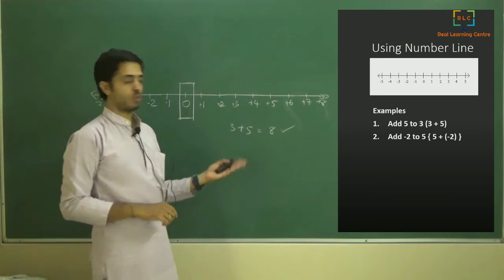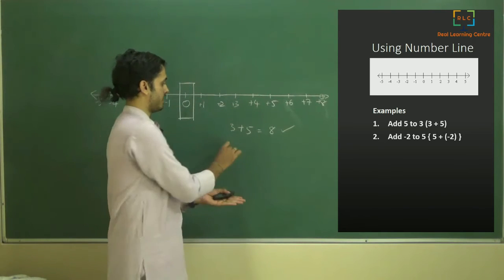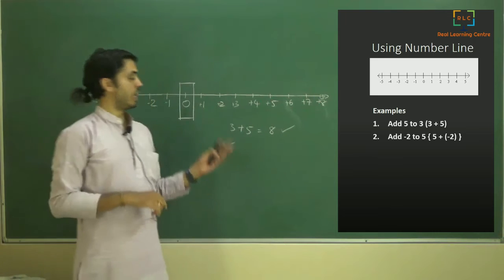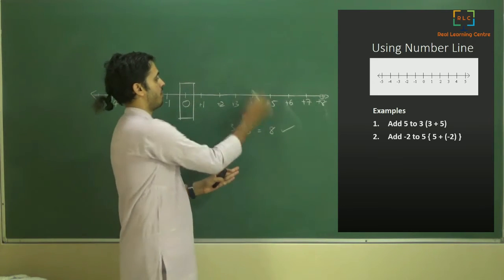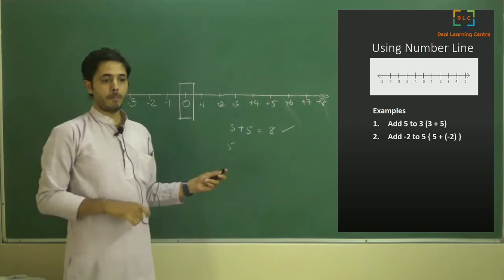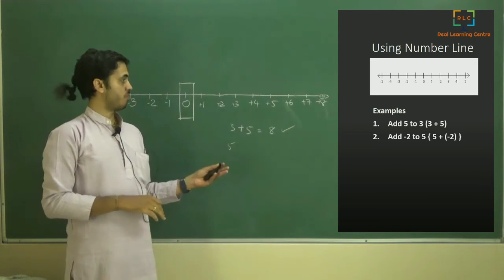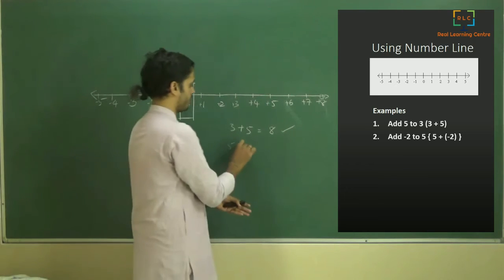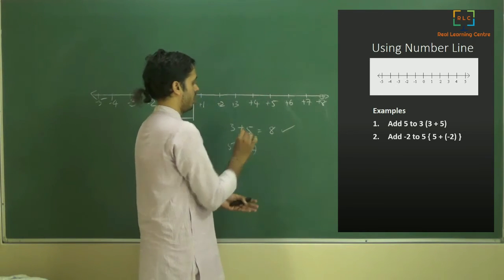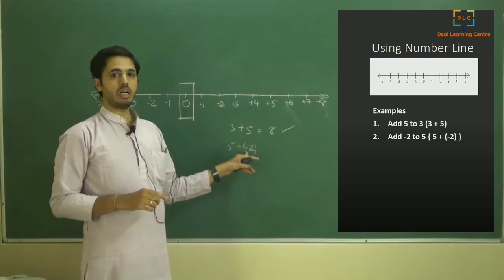Now the second example, add minus 2 to 5. First I have 5. Now 5 is a positive number, start from 0, 1, 2, 3, 4, 5. So I located 5. Now add minus 2 to 5. 5 plus minus 2. Minus 2.